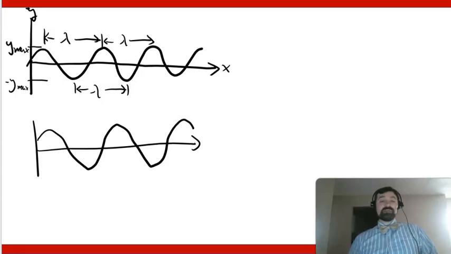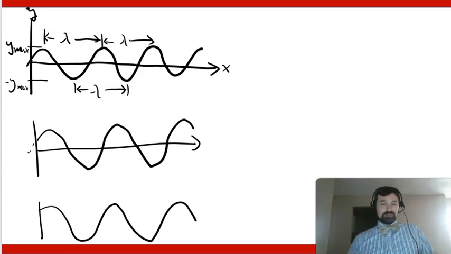Same lambda value, same y max value, but stuff has shifted over, like I'm no longer at the minimum as I was in this picture. And then a little while later, maybe I happen to locally be at a maximum. Sorry for the crude drawing. Okay, and so on.